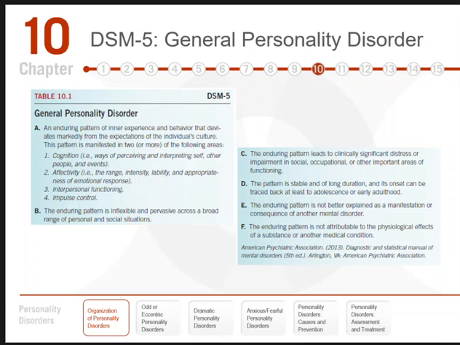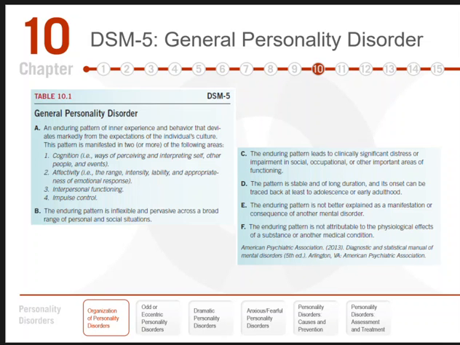Like somebody who has a short fuse would be labile, and we call that lability, L-A-B, lability. And then appropriateness of emotional response. So again, that would imply the inappropriateness of the response or behavior.